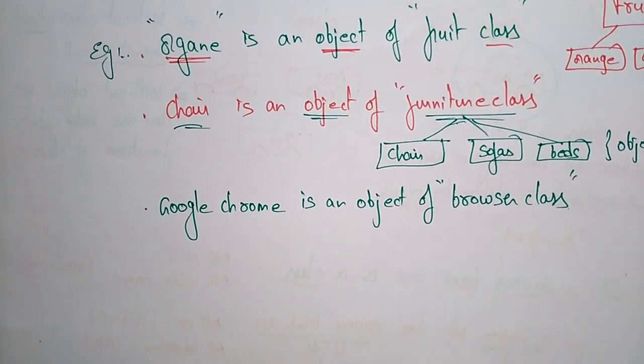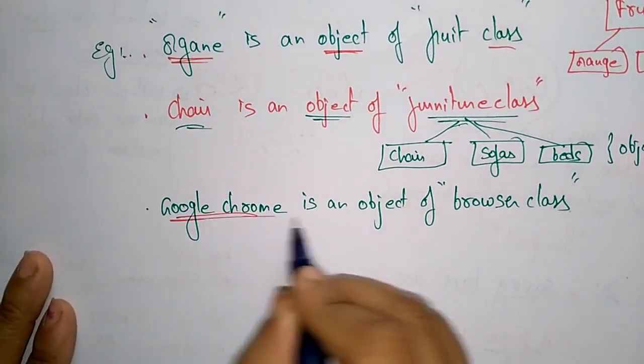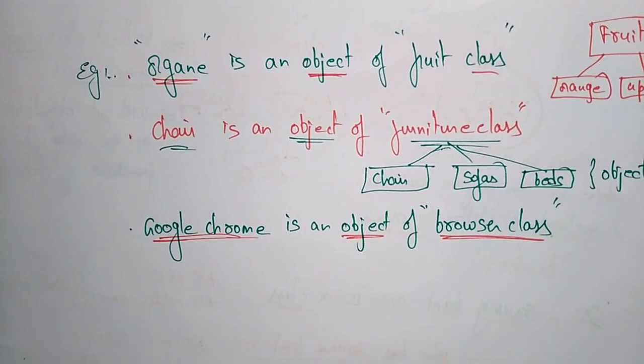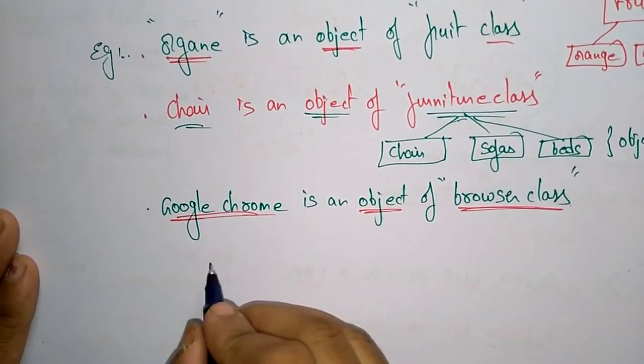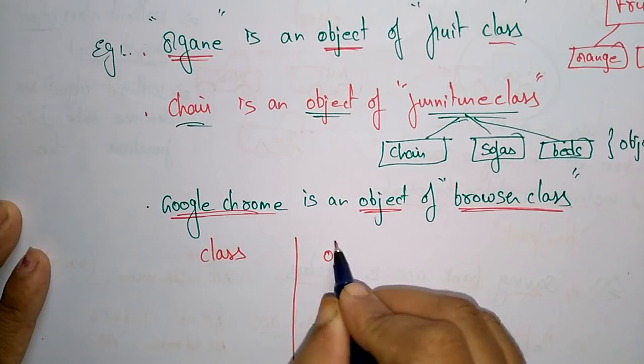So those are the classes and these are the objects. So Google Chrome is an object of the browser class. So these are the different examples of the class and object.